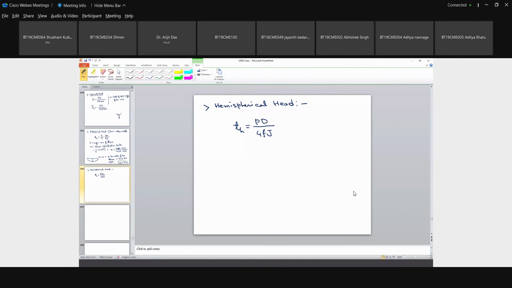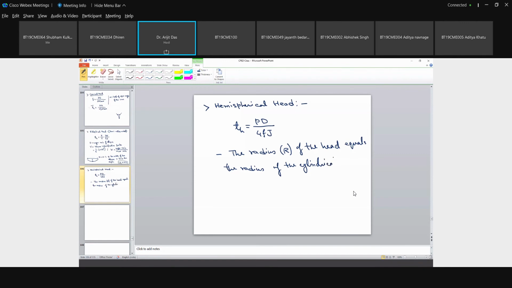Axial stress. The radius of the head equals the radius of the cylinder, of the cylindrical part of the vessel.